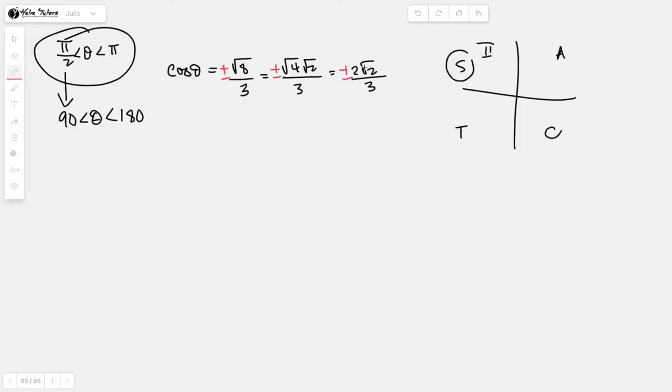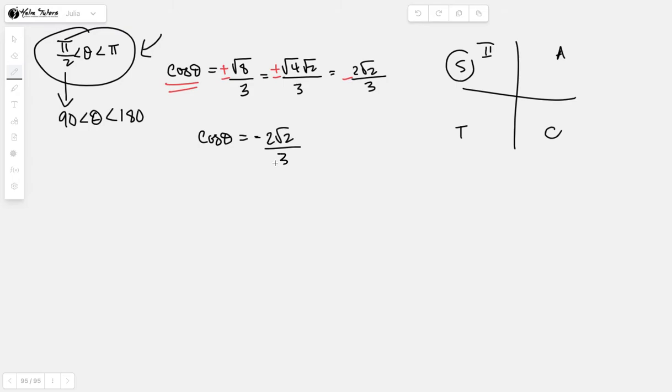But it can't be plus because, well, it's cosine and we're in the second quadrant. So we get rid of the plus, I'll erase, and so we keep only the minus. So that explains why you had to write. So really pay attention to these details, especially since your quiz is bound to be short. Like these details will make a difference, right?